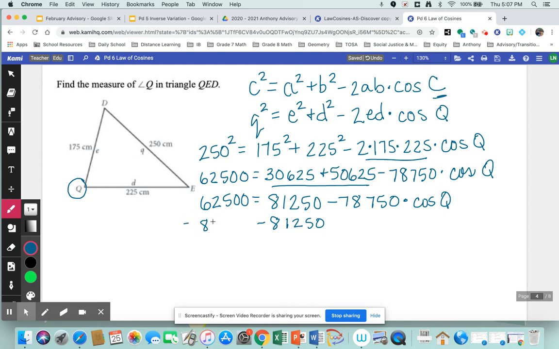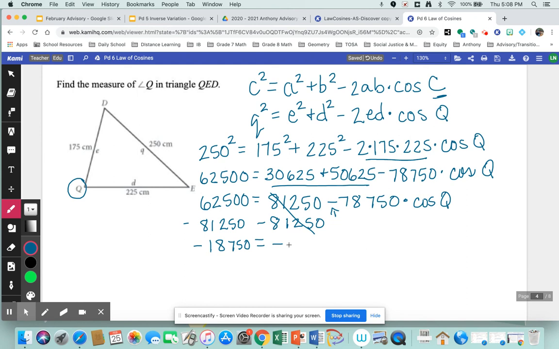So we subtract both sides by 81,250. We're going to end up with a negative number over here on the left-hand side. We end up with negative 18,750. But just watch how nice this is going to turn out. So now we bring down, so that right there gave us 0. We bring down the 78,750, but look what's in front of it.